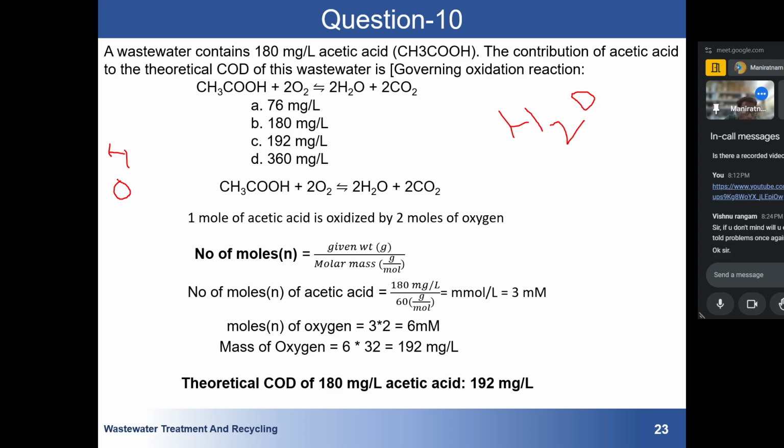Vishnu, hello, sir. What will be the molar mass of this H2O?